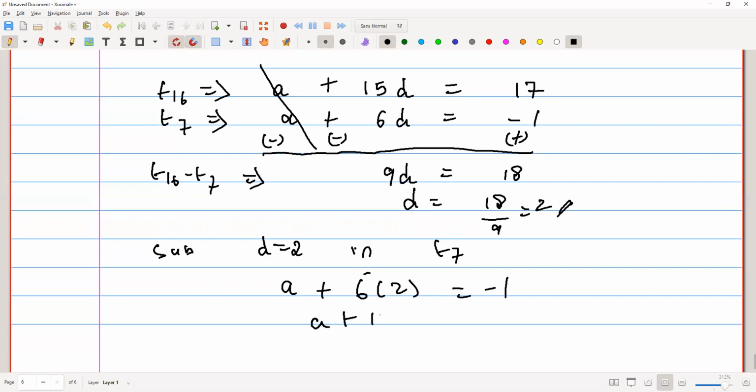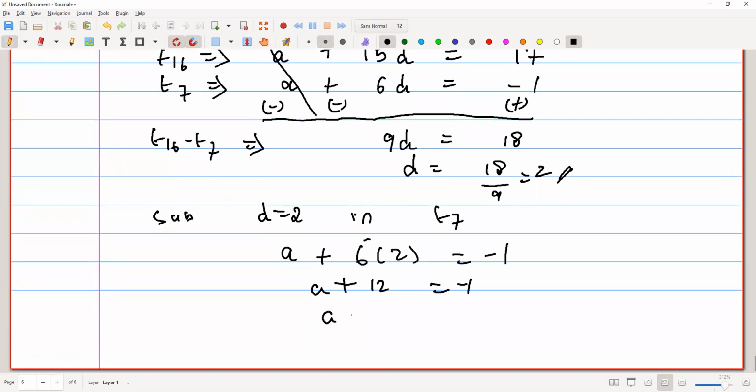So A plus 12 equal to minus 1. A equal to minus 1 minus 12, that is minus 13. All right. That's the answer.